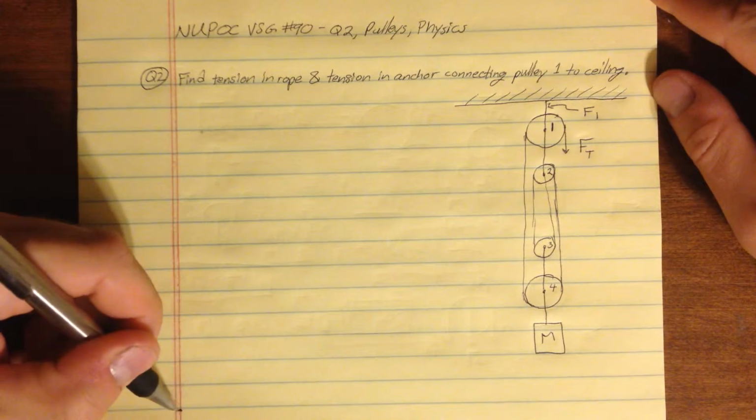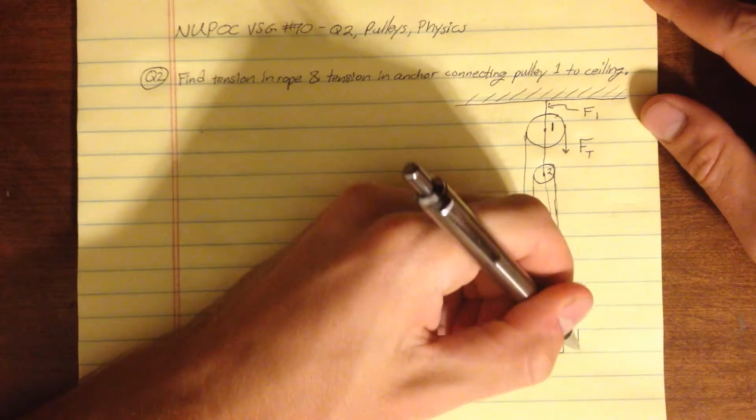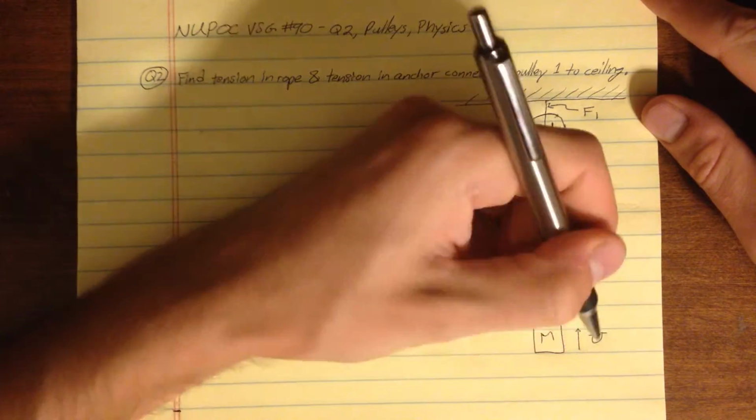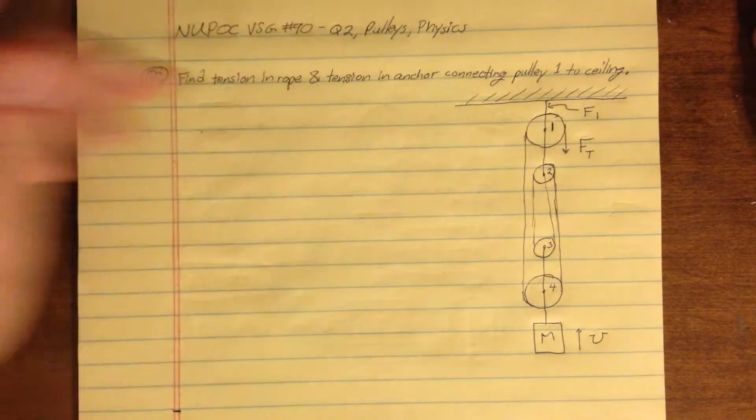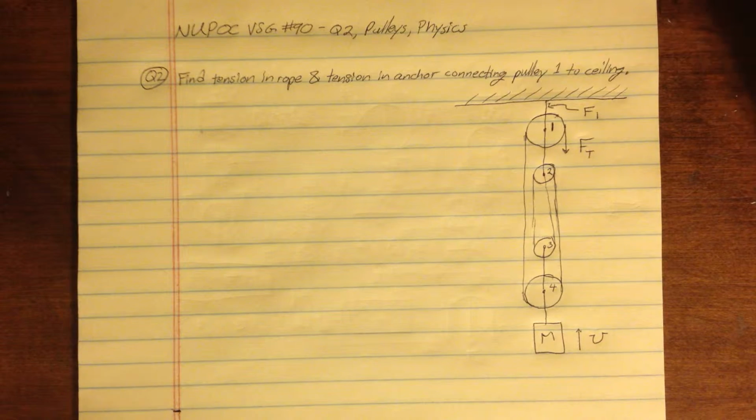Let's go ahead and approach this the same way we did the last problem. By the way, this mass is moving upward at a constant velocity as we pull down on this rope right here. But there's no acceleration, so it is a statics problem.